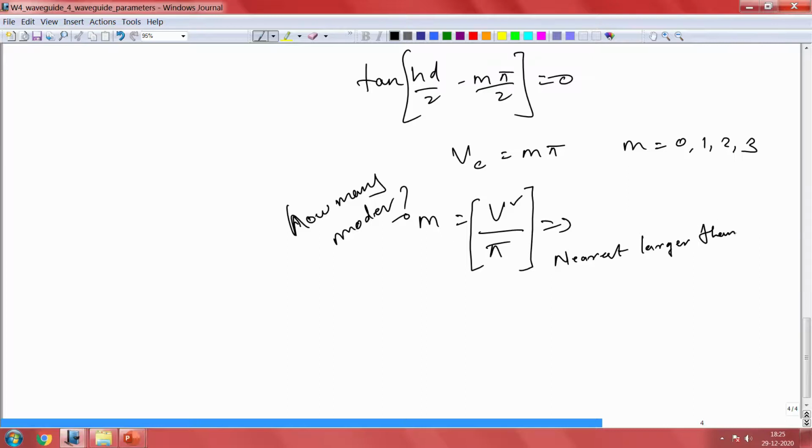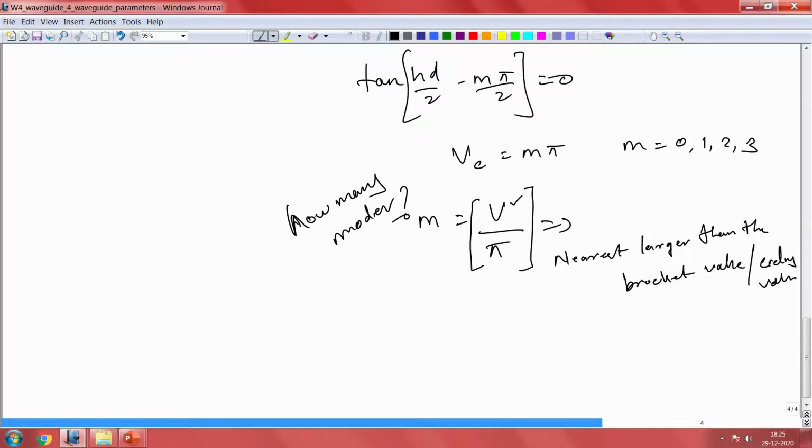Instead of the floor we do the ceiling, all right. If you do that, then you can easily find the number of modes here.